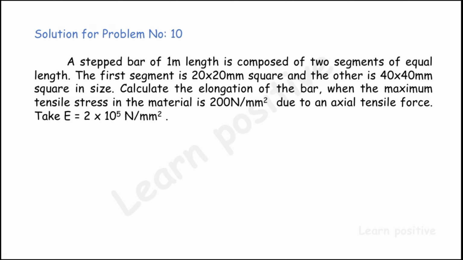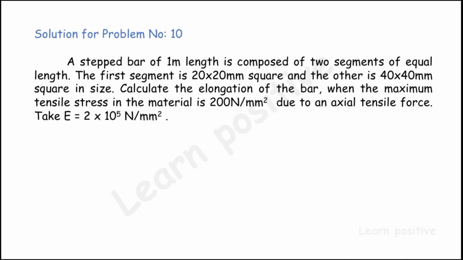The two segments have different square sizes: the first segment is 20 into 20 and the second segment is 40 into 40. We have to calculate the elongation of the bar due to the maximum tensile stress of 200 Newton per mm square, with Young's modulus 2 into 10 to the power of 5 Newton per mm square.